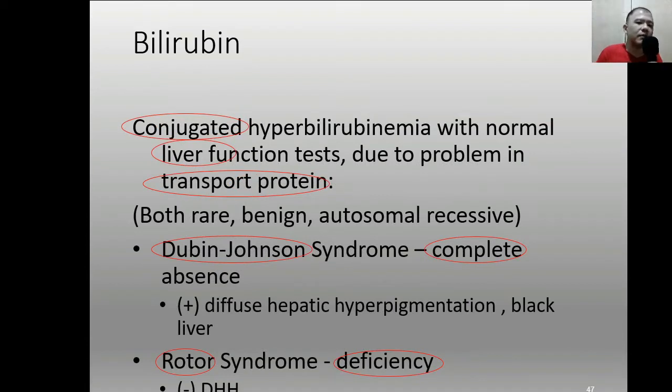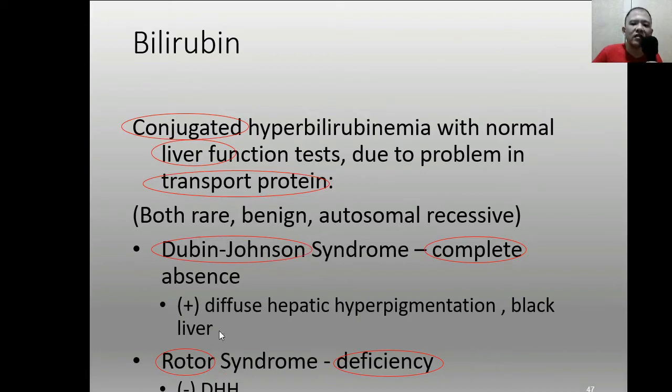And if the problem is a hereditary disorder of bilirubin metabolism leading to conjugated hyperbilirubinemia, we have two conditions. If you have an absence of the transport protein, previously mentioned as the secretory protein, this is Dubin-Johnson syndrome, when there is complete absence.